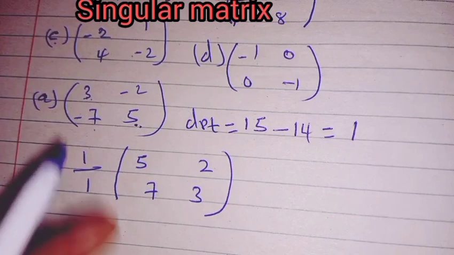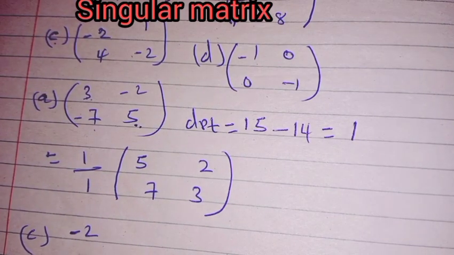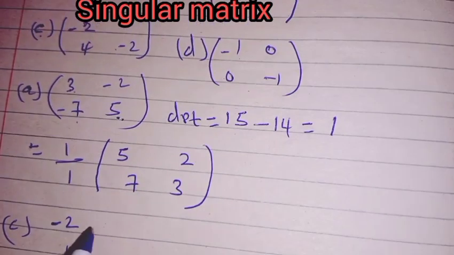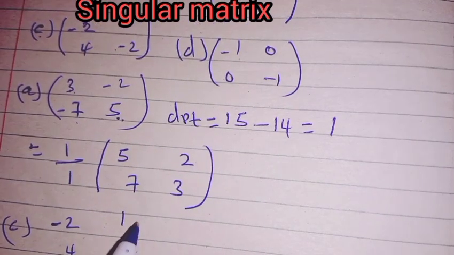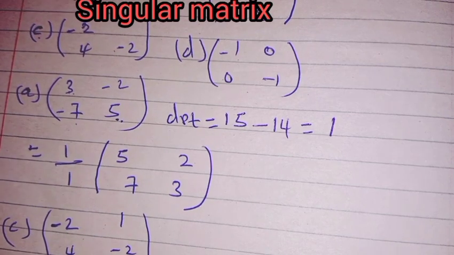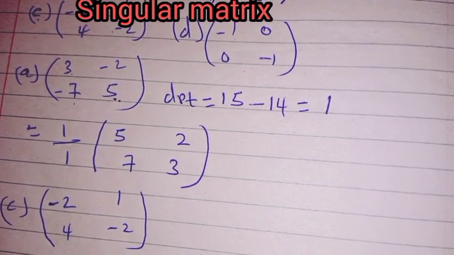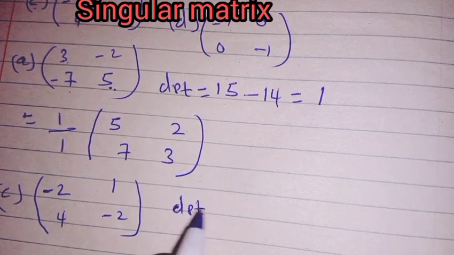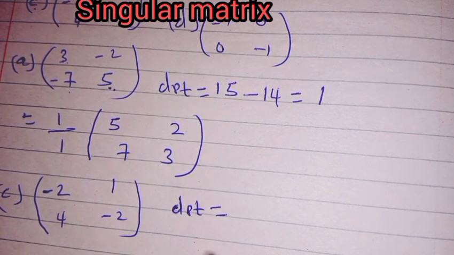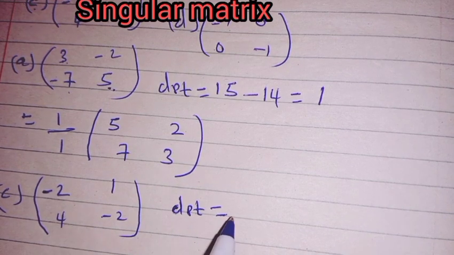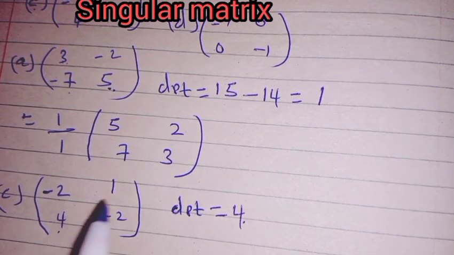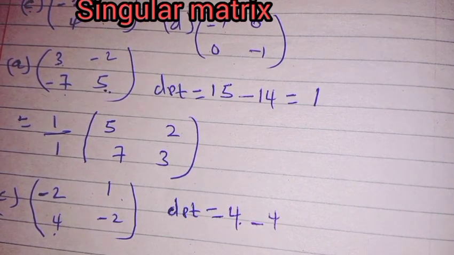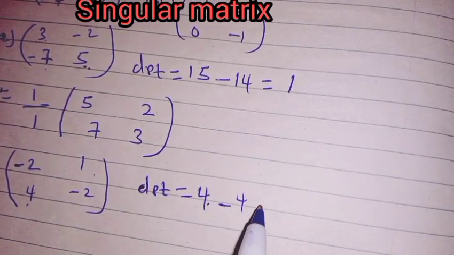Our matrix in part C is -2, 4, 1, -2. Now the determinant here will be given by the product of the main diagonal, which is -2 times -2, which will give you 4, minus 4 times 1, which is 4, which is equal to 0.